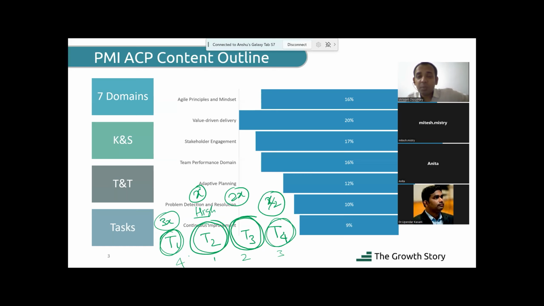I am just halfway through. Even if I have completed 3 tasks, I have only completed about 50% of the work. This is called relative estimation. This is what is used in agile projects.